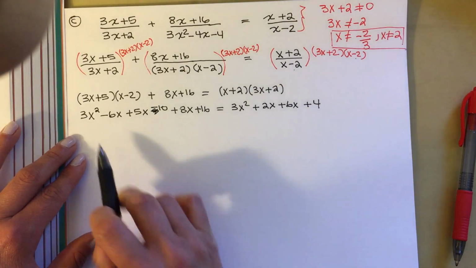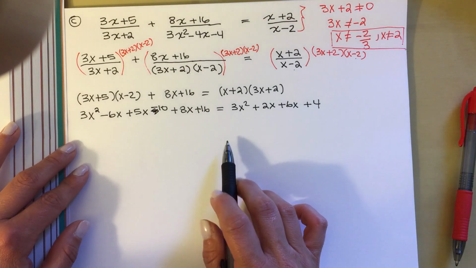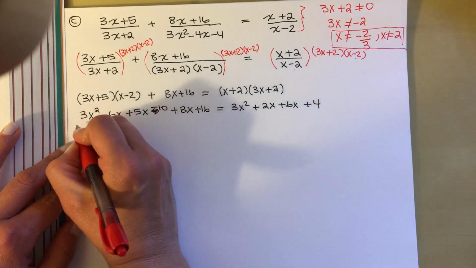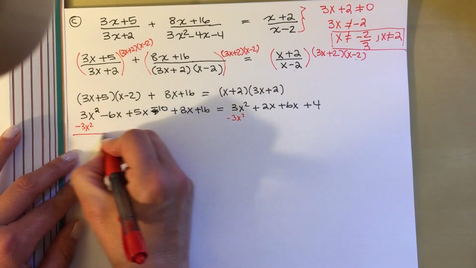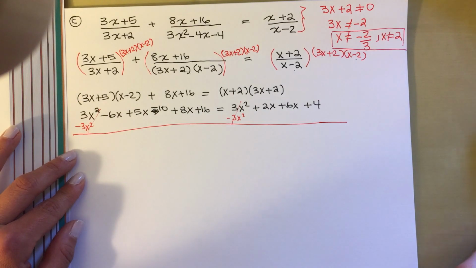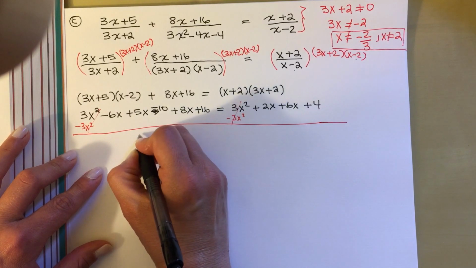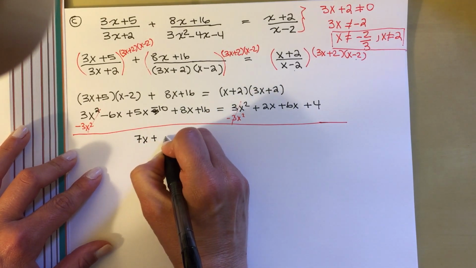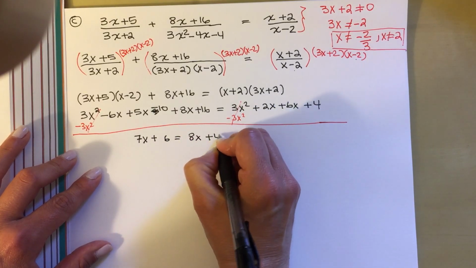I noticed that if I subtract 3x squared from both sides, that's going to give me 0. So we can just subtract here, both sides. We could do that, and we can also combine our like terms at the same time. So if you were to combine like terms, we would get 7x plus 6 is equal to 8x plus 4.